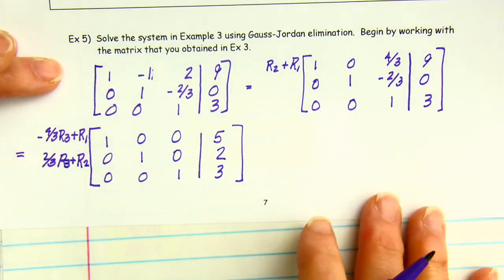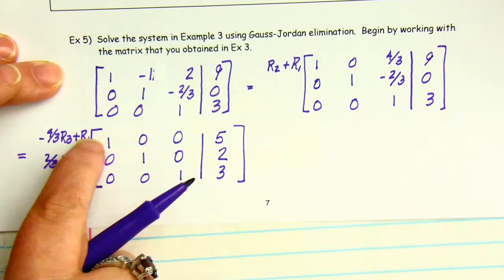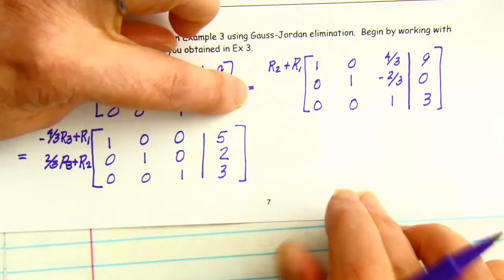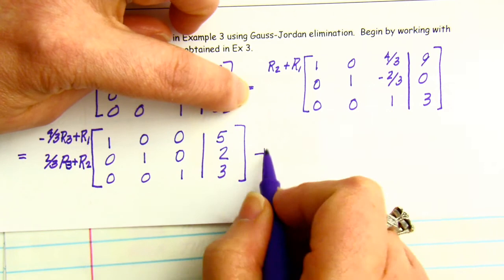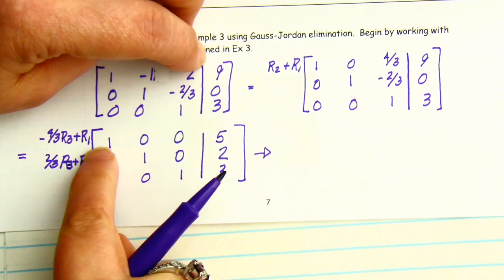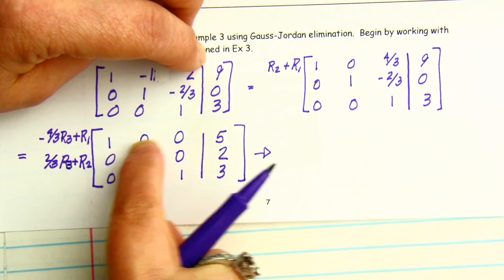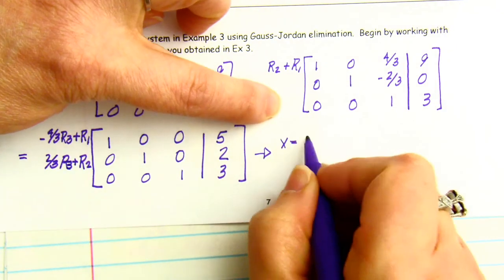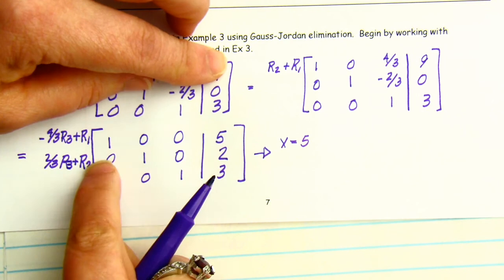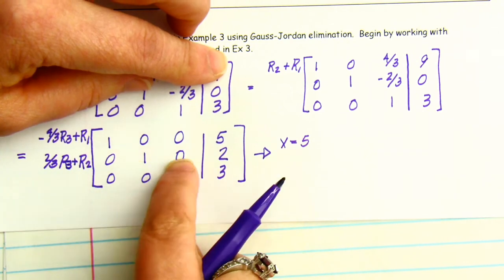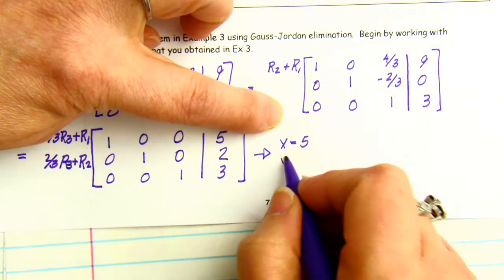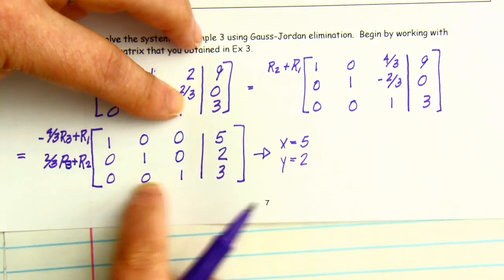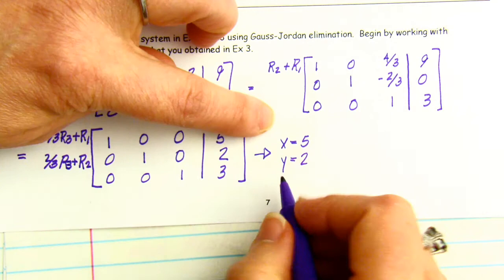And now notice your matrix has 1s down the diagonal, 0s below and above. We conclude from this matrix that 1x, 0y, 0z equals 5. So x equals 5. No x, 1y, no z, y is 2. No x, no y, 1z, z is 3.